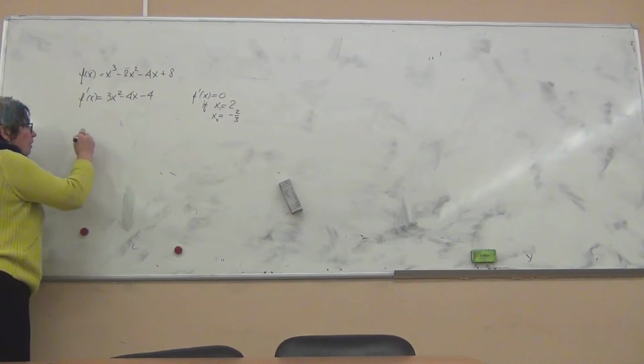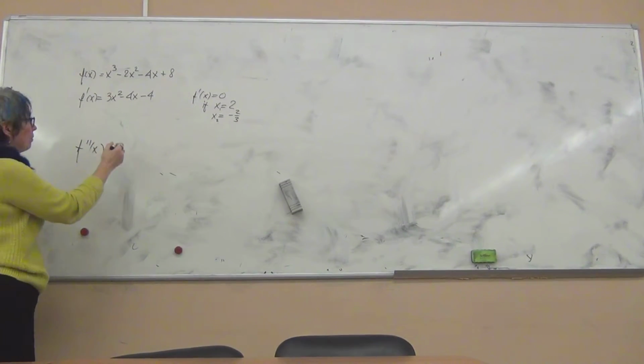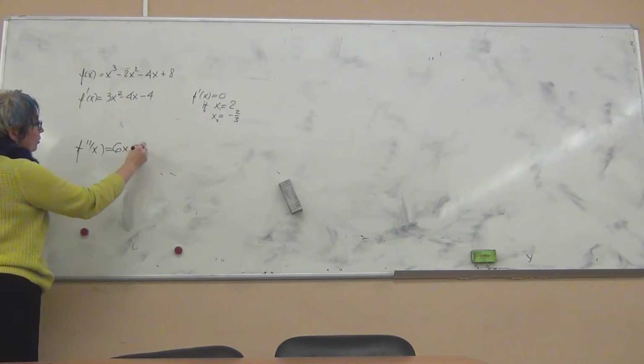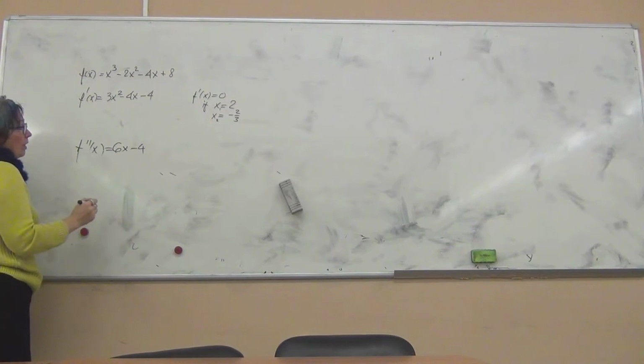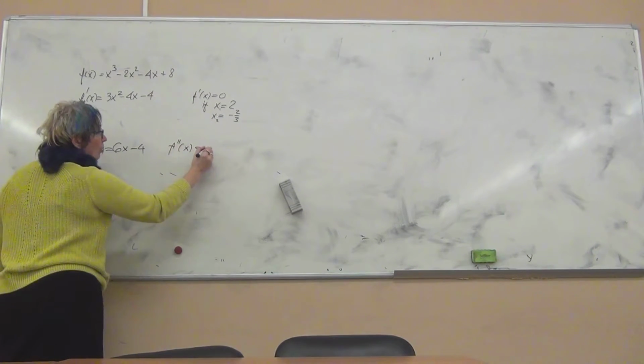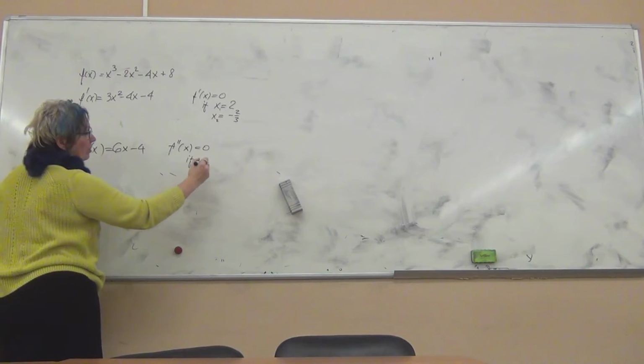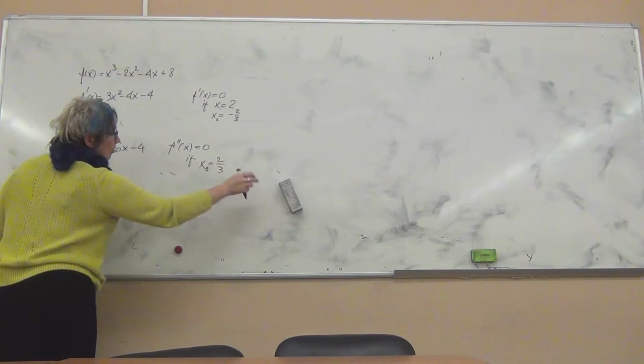So the second derivative is, we take the first derivative and differentiate again, 6x minus 4. So we see that the second derivative is 0 at an interesting x value, simply 2/3.